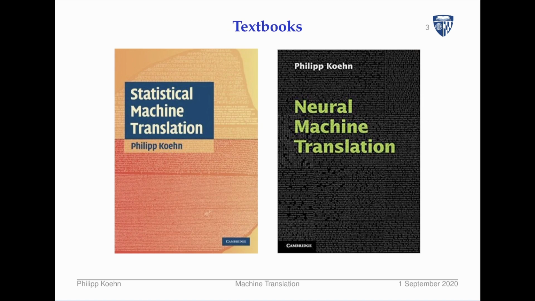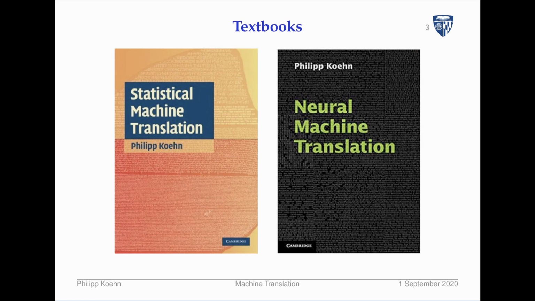There are two textbooks that we will rely on in this class. The one is called Statistical Machine Translation, which was published in 2010. In the early lectures, we will mostly draw on that one. It introduces methods that explain how statistics can be used to learn knowledge that is required for translation in a more intuitive way.